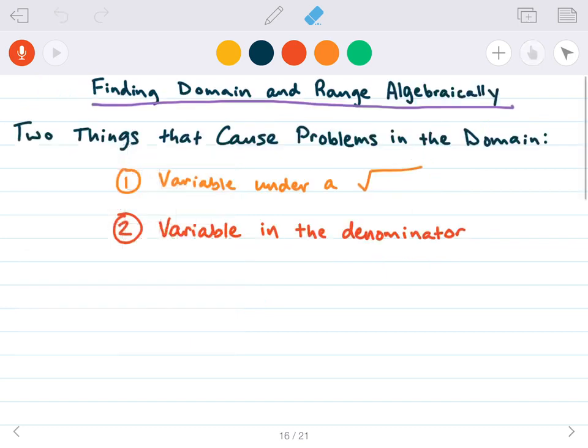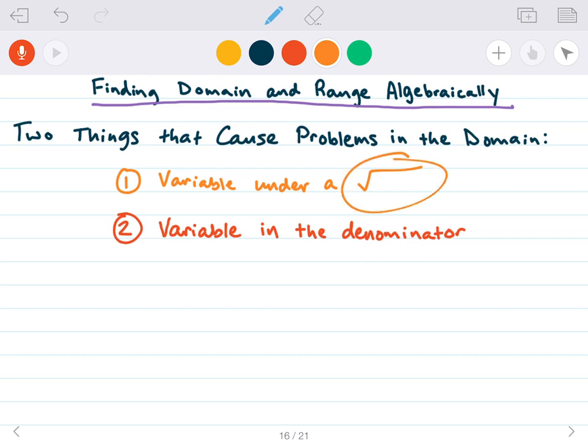Okay, so now let's do some problems where we find the domain and the range algebraically. There are only two problems that I alluded to earlier with the domain. The first problem is that we cannot have a negative under a square root.